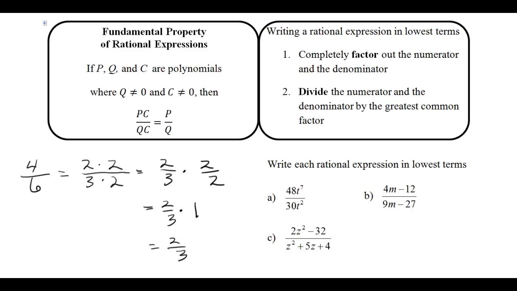Now, let's look at that in terms of our formula. Here we have P, right? Well, this is P over here. Here we have Q. Here's Q over here. Here we have C. Here we have C here. Notice that C is not 0 and Q is not 0. Here's C over here, and here's C over here.